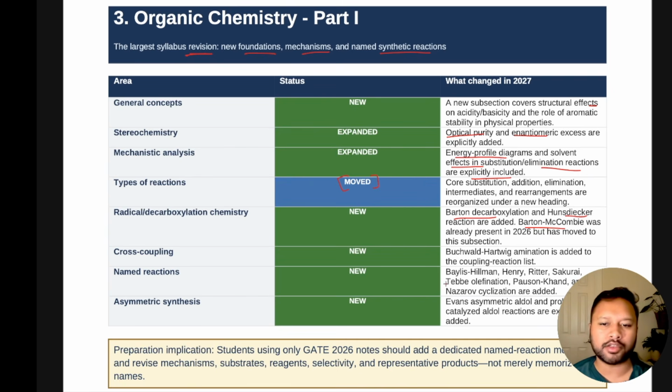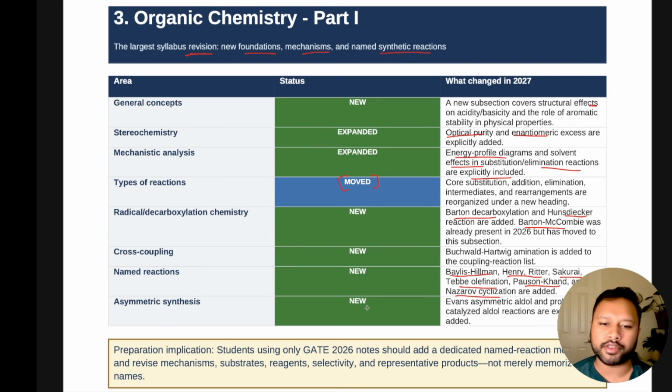In named reactions, new ones like the Baylis-Hillman reaction, a very important reaction, Henry, Ritter reaction, Sakurai, Tebbe olefination, then Pauson-Khand and Nazarov cyclization. You might have already studied these things, but now they are mentioned in the named reactions.